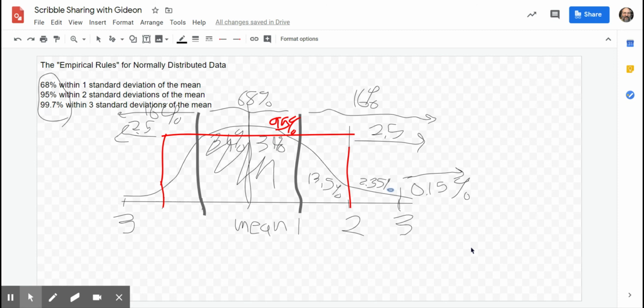Whatever the data is in real world units, just convert it to deviations to get an answer. And vice versa. Once in a while, they'll ask you like the 16% or the 95%, and you'll have to go, oh, that's 2. 95% is 2 above and below. Oh, let me convert that back. 5.5 hours for the mean, 1 hour for standard deviation.